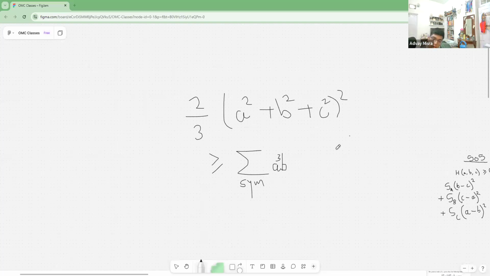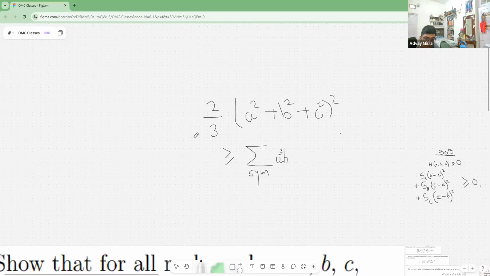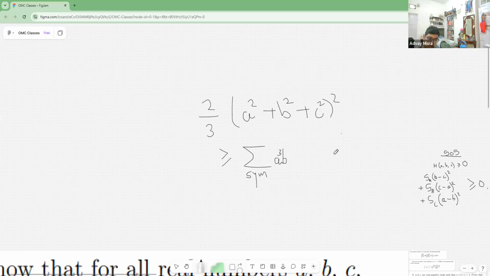Now, if we expand out, we will get something like this.